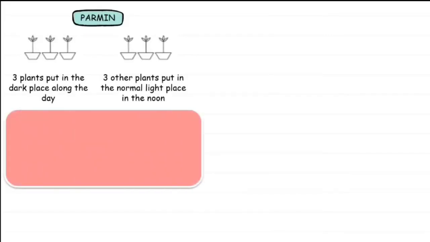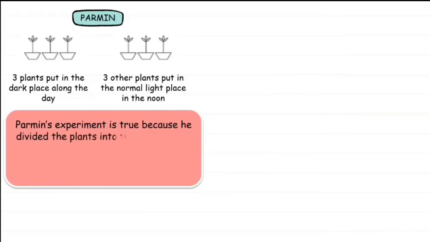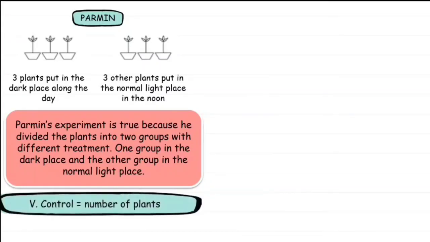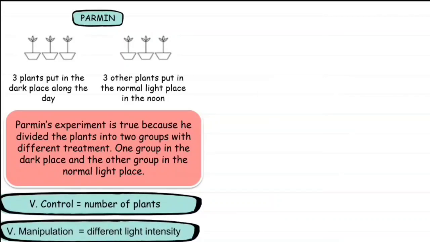Parmin's experiment is true because he divided the plants into two groups with different treatment: one group in the dark place and the other group in the normal light place. So the control variable is the number of the plants and the manipulation variable is different light intensity.